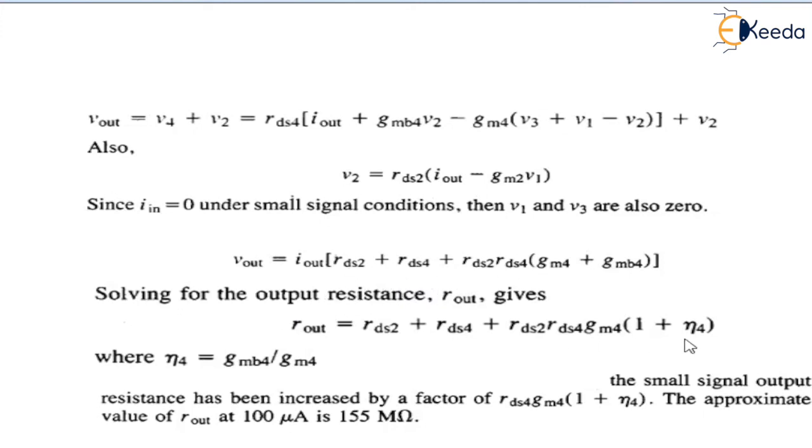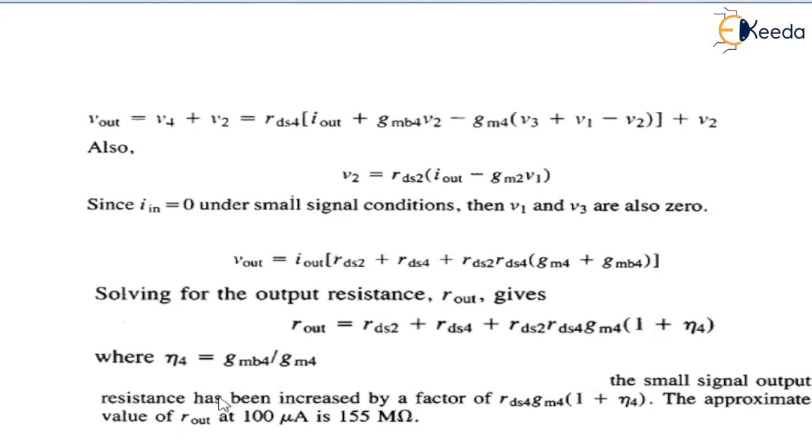We put GMB4 by GM4 equal to eta 4. So we find that the small signal output resistance of the MOS cascode current mirror is increased by a factor of RDS4 GM4 (1 plus eta 4), as compared to the simple MOS current mirror.